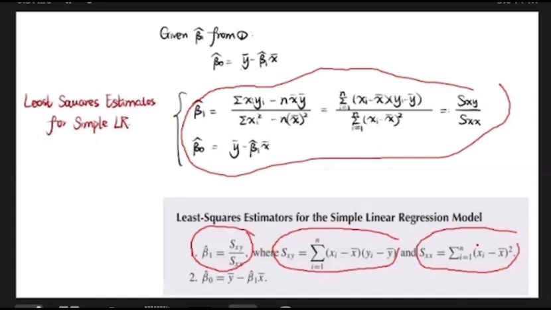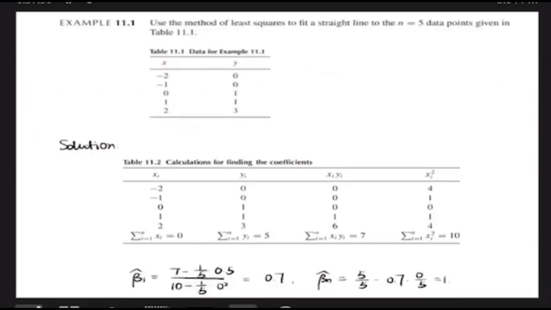Which means another way to write summation of x minus x bar times y minus y bar is to write SXY subscript, and the other one, with the focus on x, is just going to be SXX. Okay, now if I have a data set and I want to obtain beta naught and beta 1, then this is what we're going to use. These are estimators.